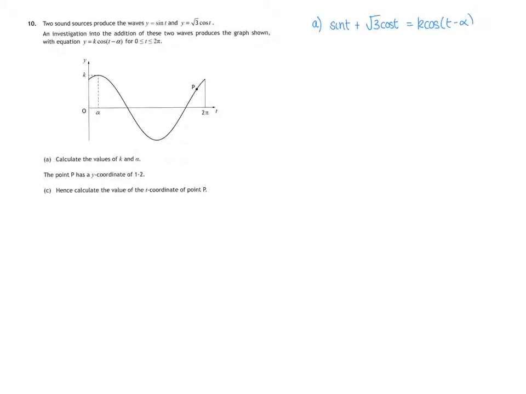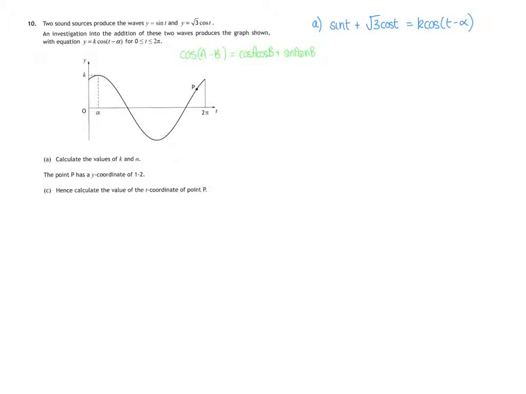So quickly, just here, if we have the cos of t minus alpha, we know from our equation sheet right at the start, if we had an a and a b in there, and it was a minus, that is going to give us cos a cos b, and then it's going to be plus, because with the cos one it changes, and then you're going to have sine a sine b.